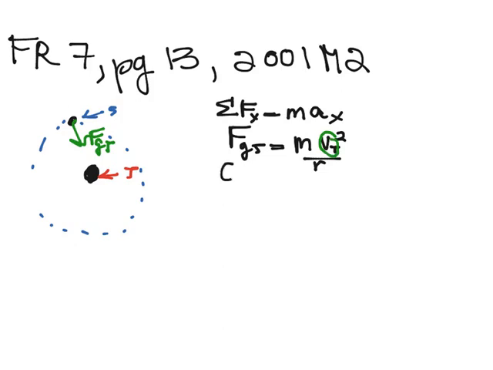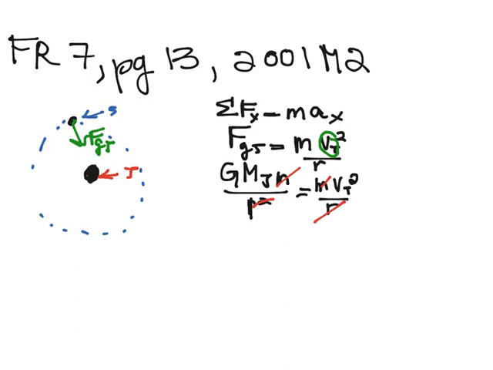So we can use our universal gravitational law: G m_J, that's the mass of Jupiter, times little m, divided by r squared equals m v_T squared divided by r. We're able to cancel a couple of things out. This squared cancels with this r. And now we have G m_J over r equals v_T squared.